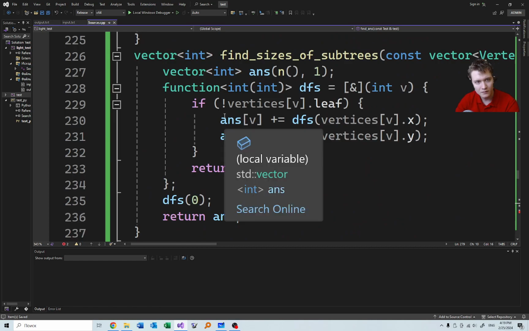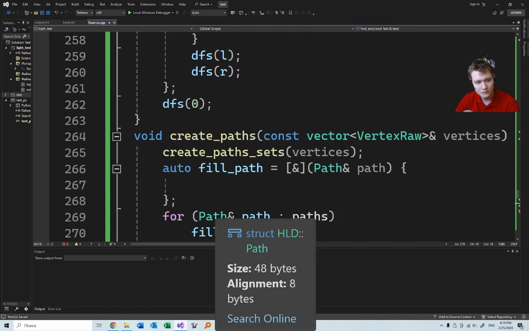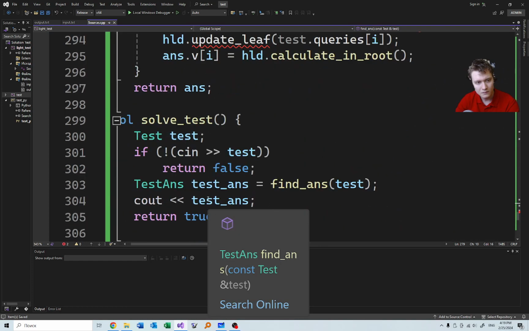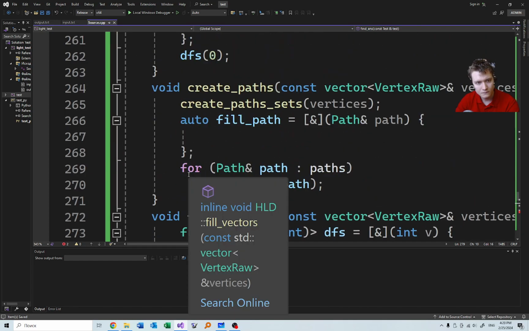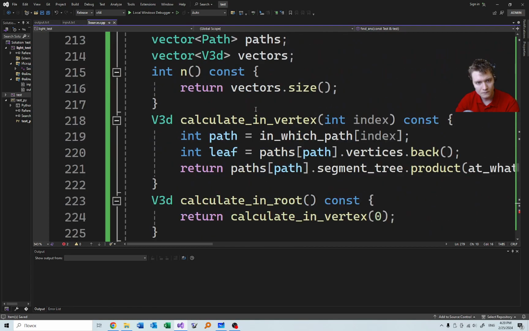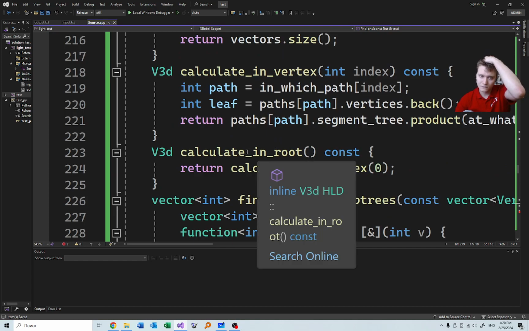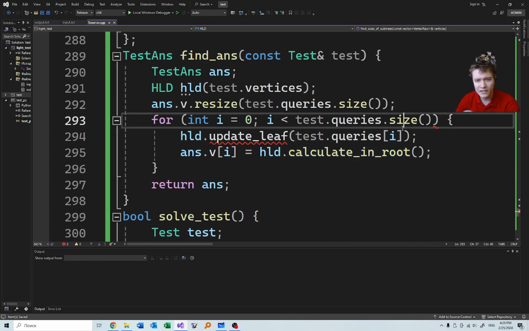calculate. Let's, instead of calculating root, I will write it getting root.